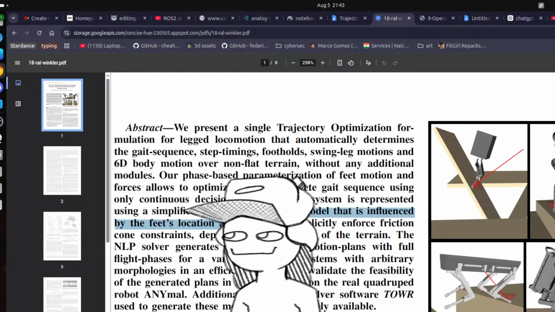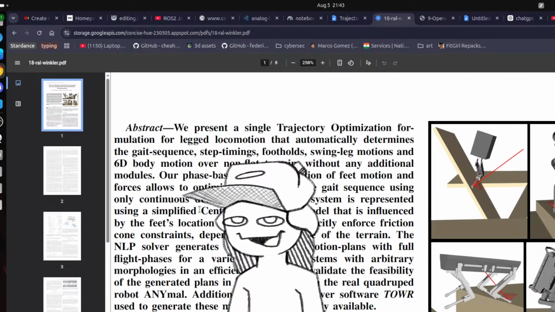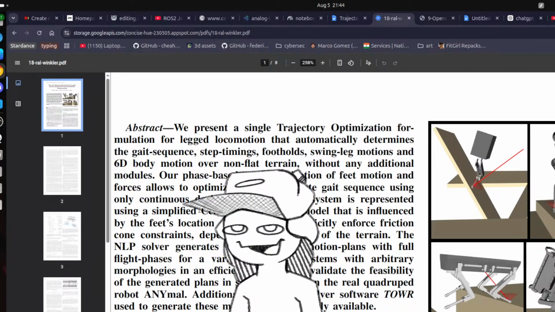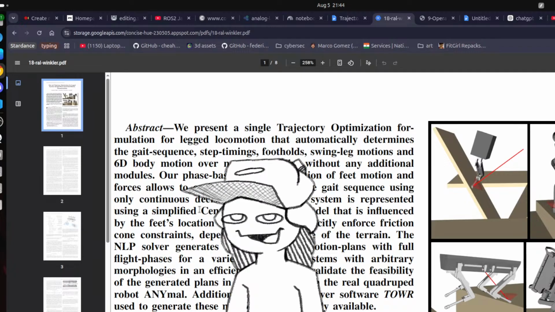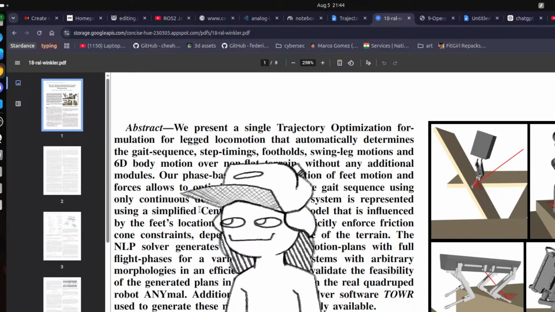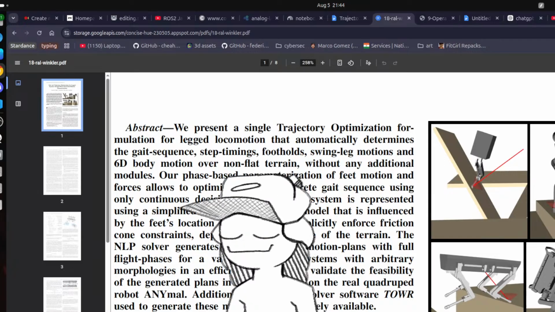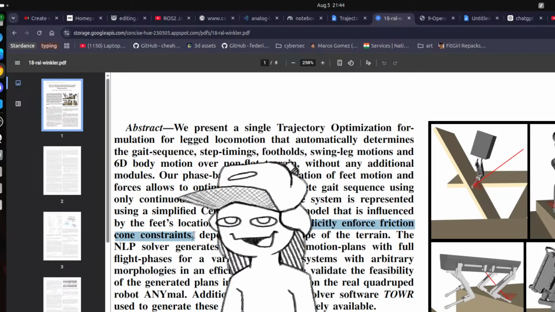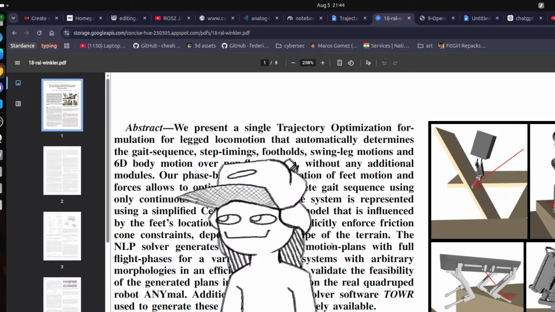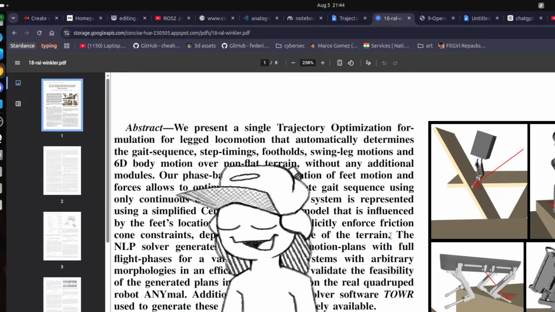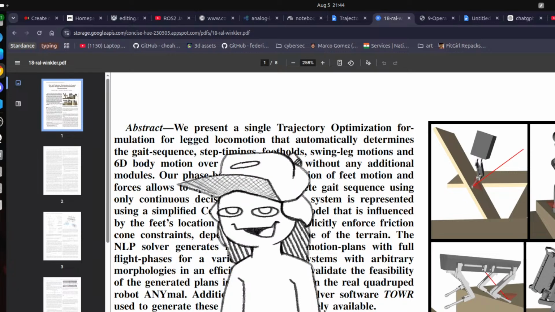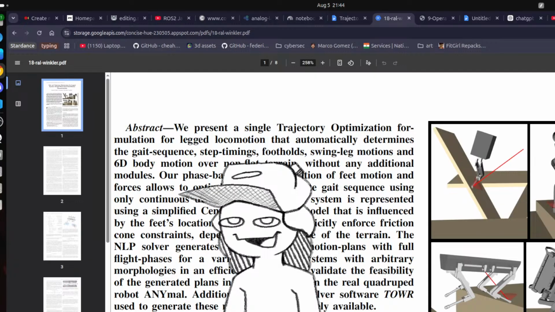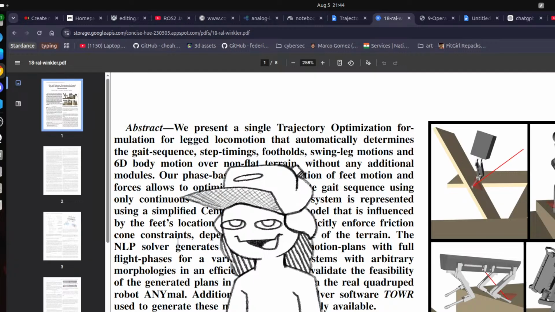That way, we can actually formulate a singular equation rather than having multiple equations for each foot. We explicitly enforce friction cone constraints depending on the shape of the terrain. This is something I haven't quite grasped yet. The NLP solver generates highly dynamic motion plans with full flight phases.